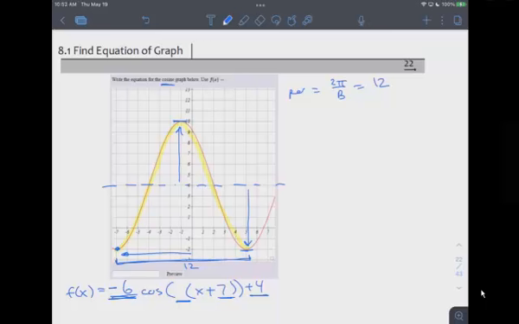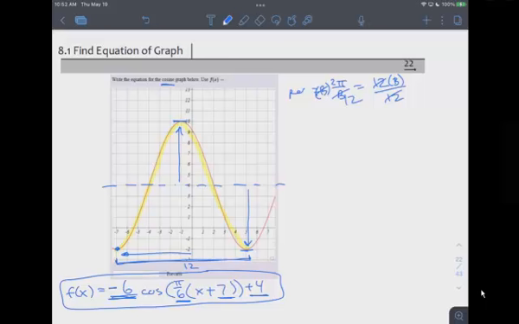And so here, if we multiply both sides by b to get it out of the denominator, and then isolate it by dividing both sides by 12, we get 2 pi over 12, which is, again, pi over 6, and that would be your equation. So based on what we see in this graph, we can come up with this equation.